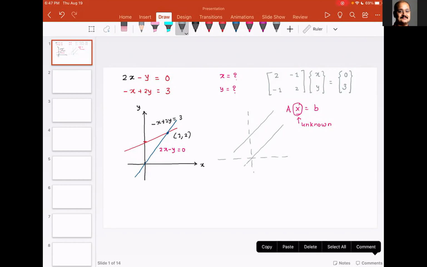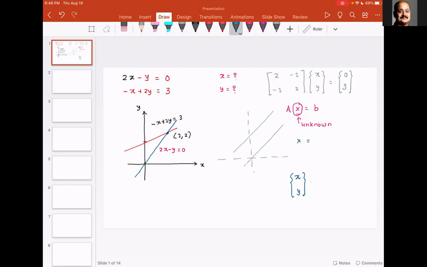Now, this is all great. Alternatively, you may say, oh, this is too simple. I can just take x, take y, and since ax is equal to b, to find x, I can actually invert the matrix, multiply that by b, and get the answer.